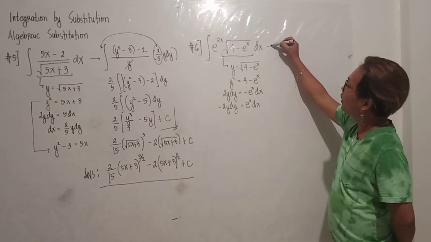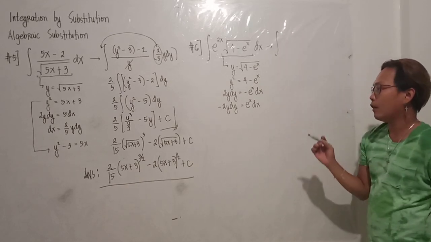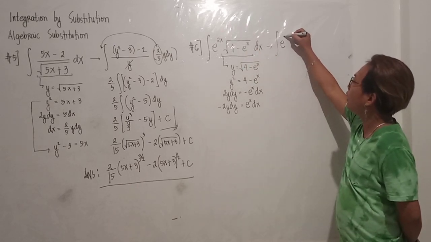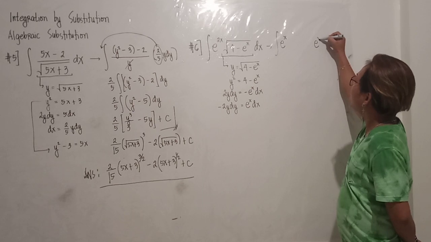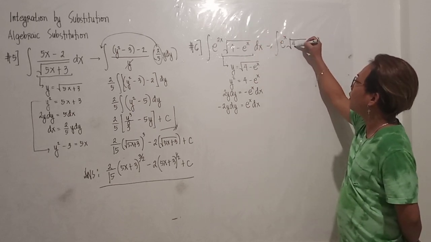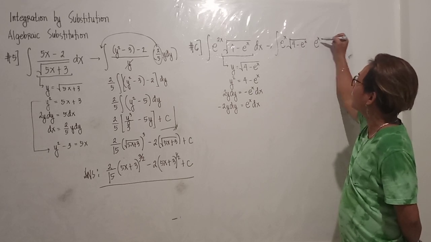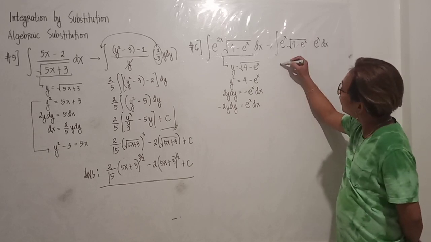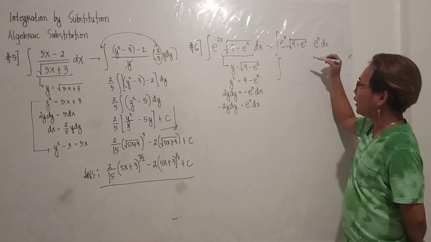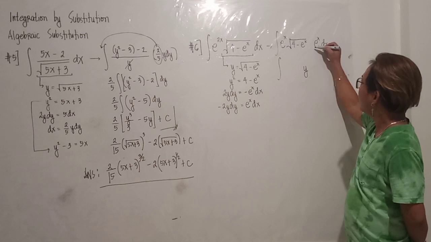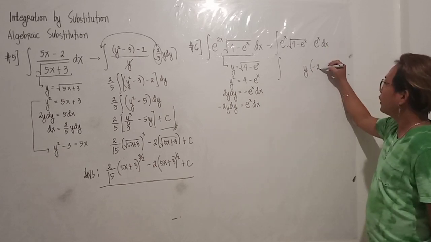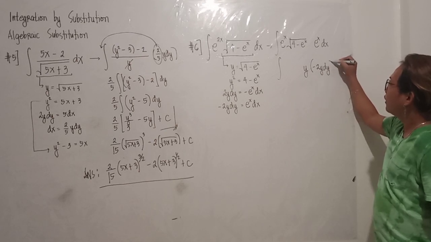So transforming this equation in terms of y, this e raised to 2x can be e raised to x, then another e raised to x. Then you have this part as the square root of 4 minus e raised to x. Then the dx. You will now have this part is your y. Then this part, e raised to x dx, is negative 2y dy.